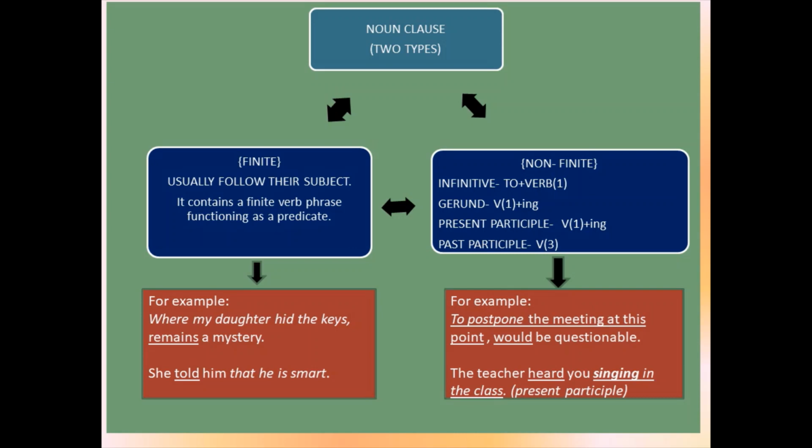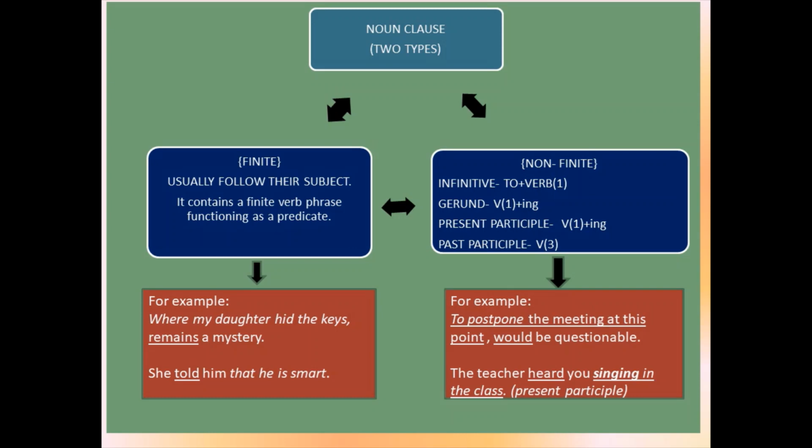Okay, take the example, to postpone the meeting at this point would be questionable. To postpone the meeting at this point would be questionable. So here we need to find out first and foremost the subject verb combination.